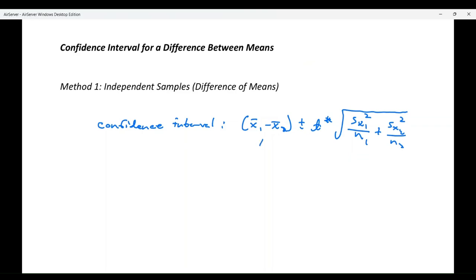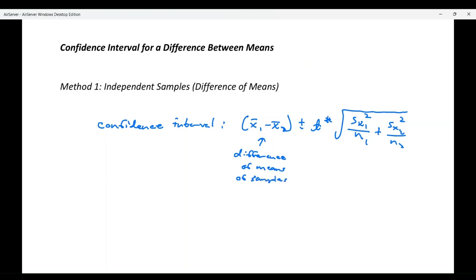The first part of it is really our point estimate. If you think of one sample, this would have simply been x bar, the mean of our sample. Now we have two samples and we want to look at the difference between them, so this is just the difference of the means of the samples.